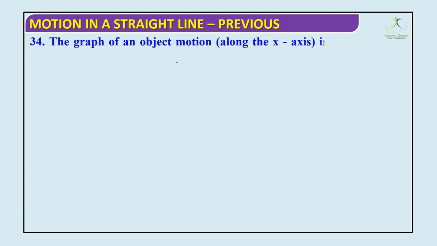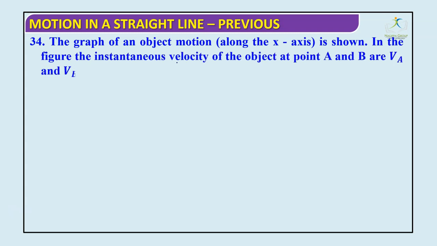Next, the graph of an object's motion along the x-axis is shown. In the figure, the instantaneous velocities of the object at points A and B are VA and VB respectively.